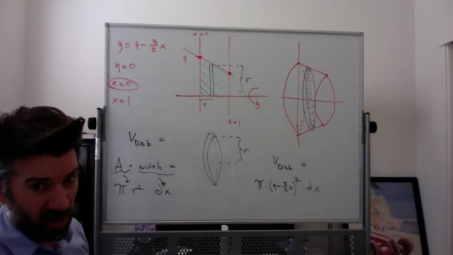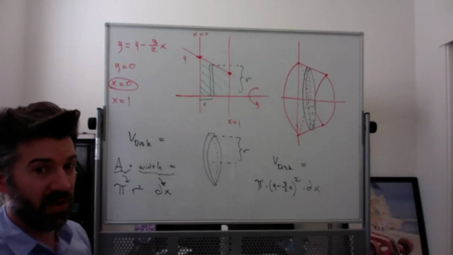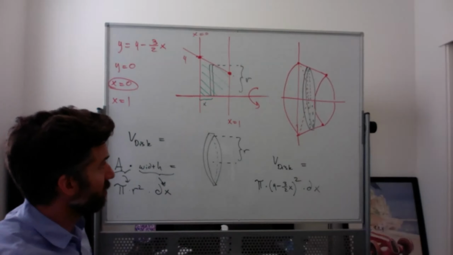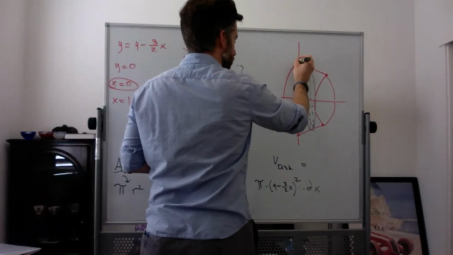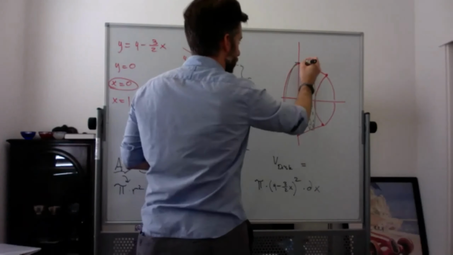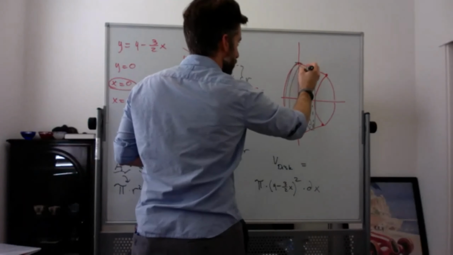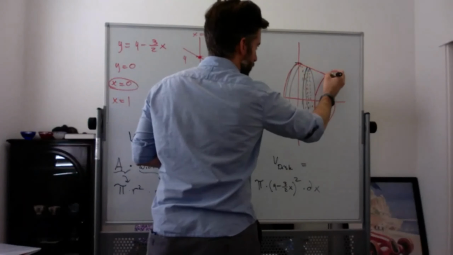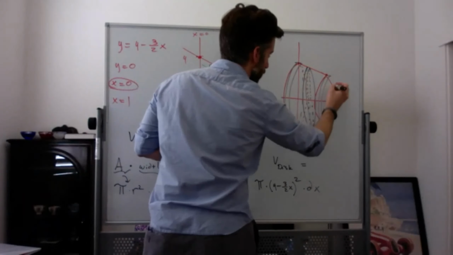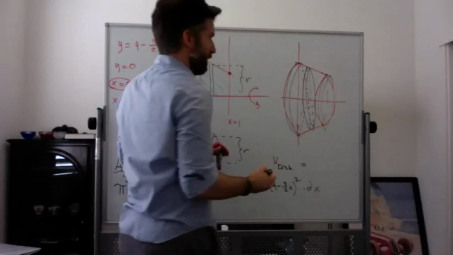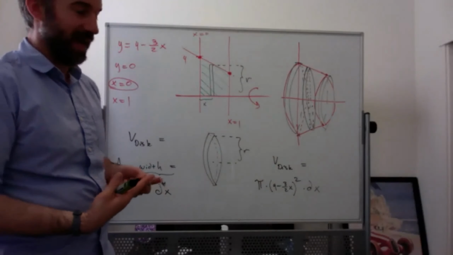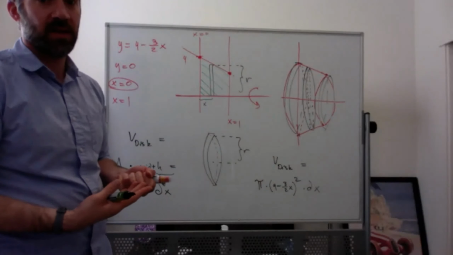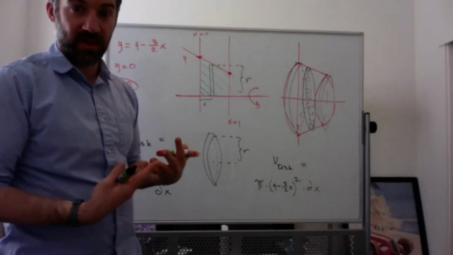But I don't want to find the volume of just one disk. I want to find the volume of the entire shape. Meaning what I'm really going to do is add up all the disks. So there's a big disk over here, and there's a little disk over here. The idea is I'm going to add up all the disks, aka integrate, to find the volume.